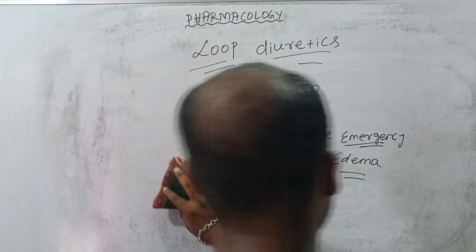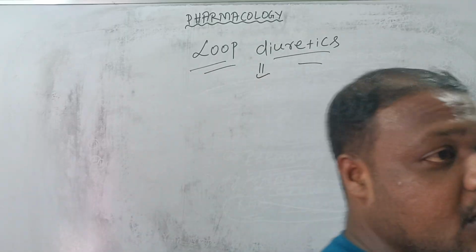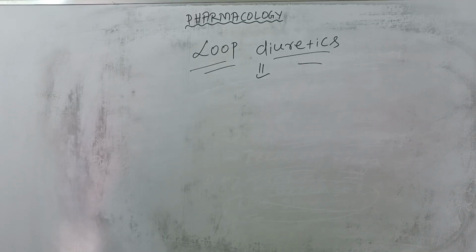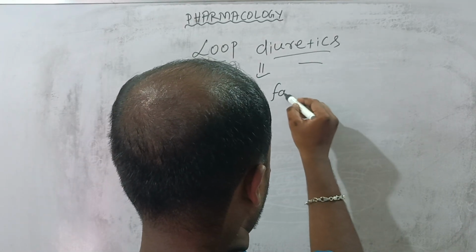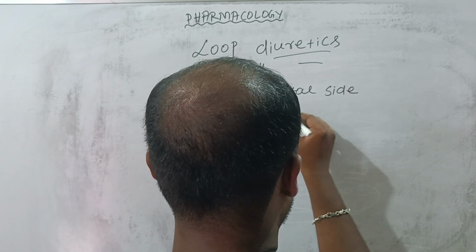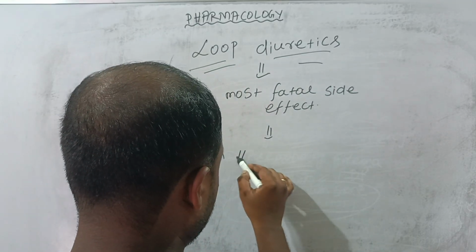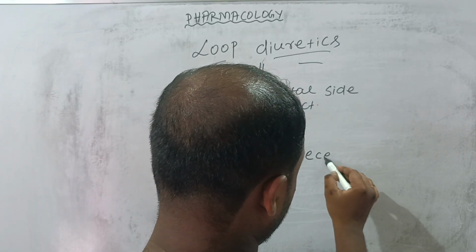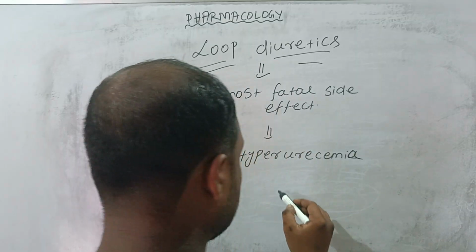The most fatal side effect in the loop diuretics, first one is hyperuricemia.